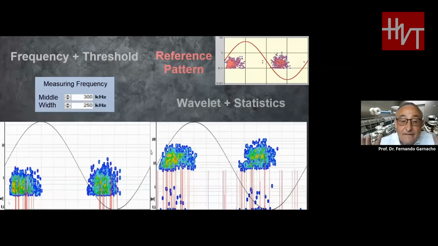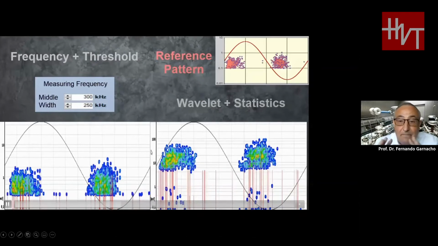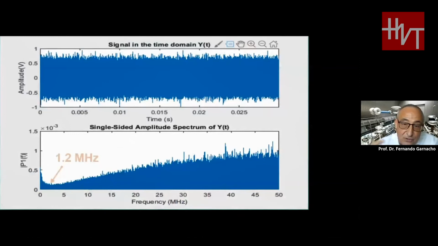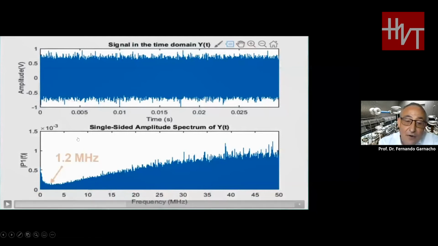Now we can mix this PD source with a noise. You can see here the noise in the time domain and the noise in the frequency domain. Now we can superimpose the noise on the PD signal.